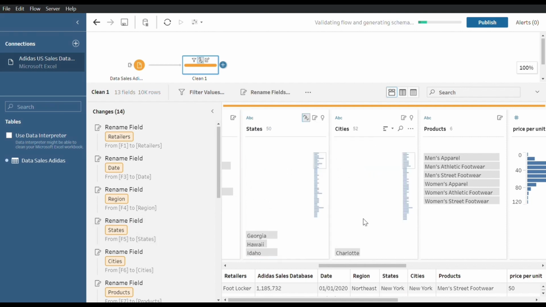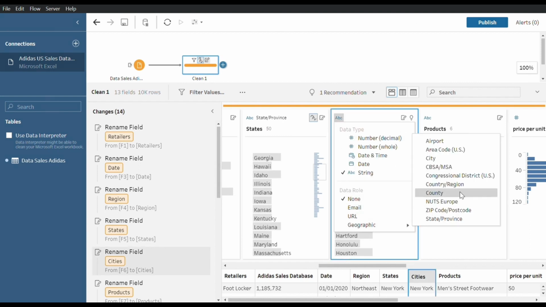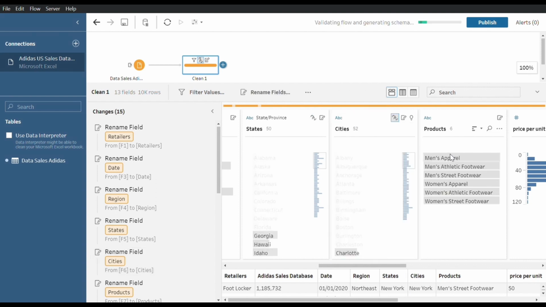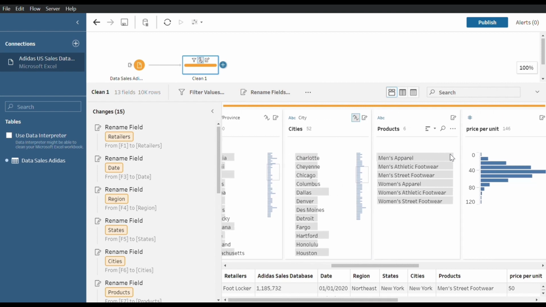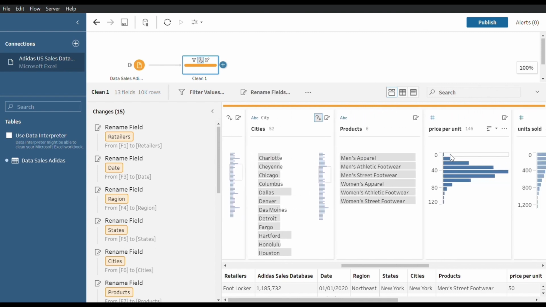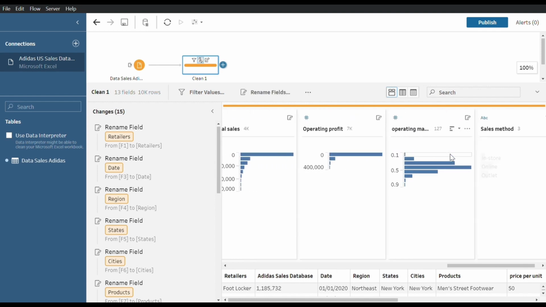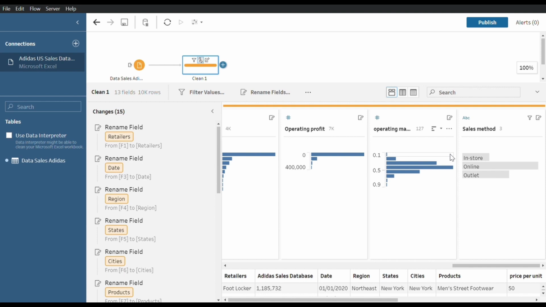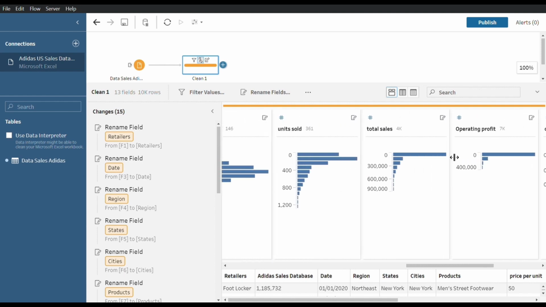Now with the cities, we also change and then save it as city. I think with this data set, a lot hasn't been changed. So we can progress to the next step.